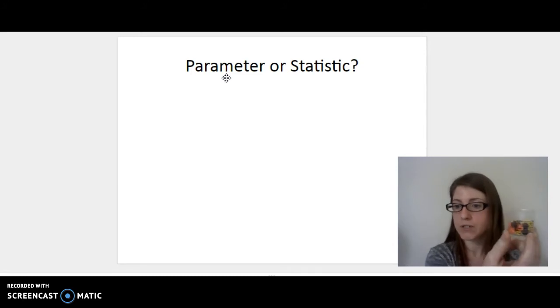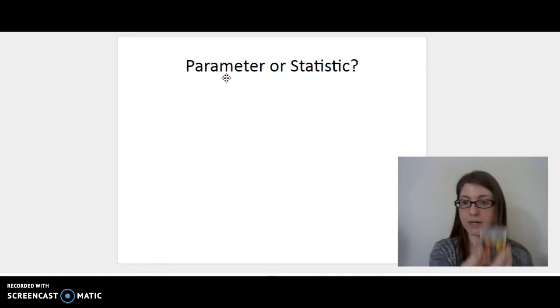So for example, let's focus on the sample for just a minute. If I wanted to think about the percent of yellow Reese's Pieces, I could dump my cup, count out my total number, my number of yellow, and calculate that percentage. And then, in turn, if you were sitting at my table, I could ask you to do the same thing for your cup. Would you necessarily think that your percentage is the same as my percentage?